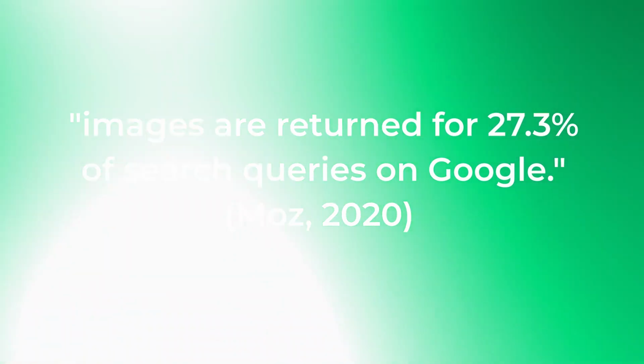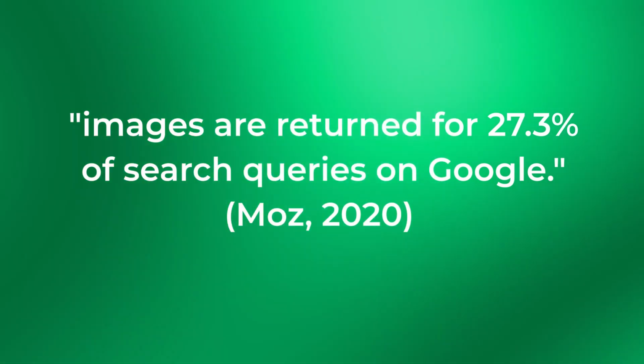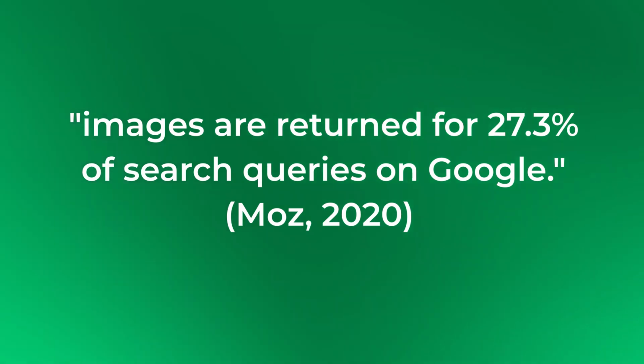Another reason why images are becoming critical for SEO is that more and more people are using image search. They prefer images rather than text. Moz in 2020 actually reported that images are returned for 27.3% of search queries on Google.